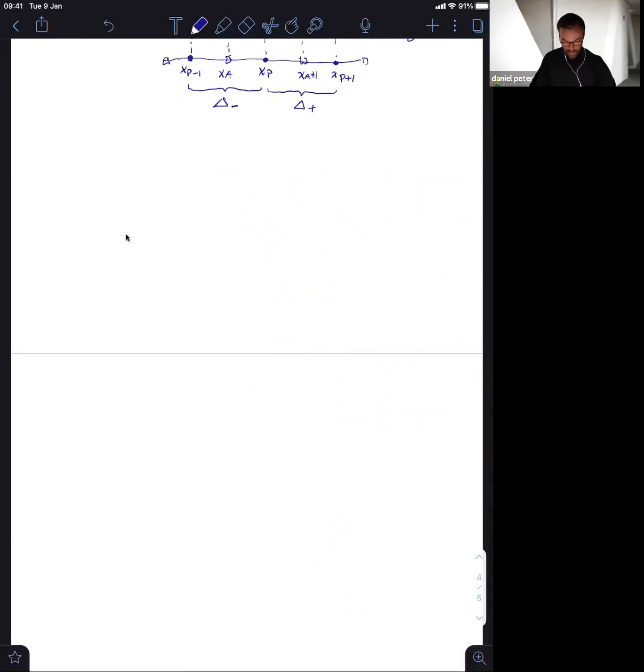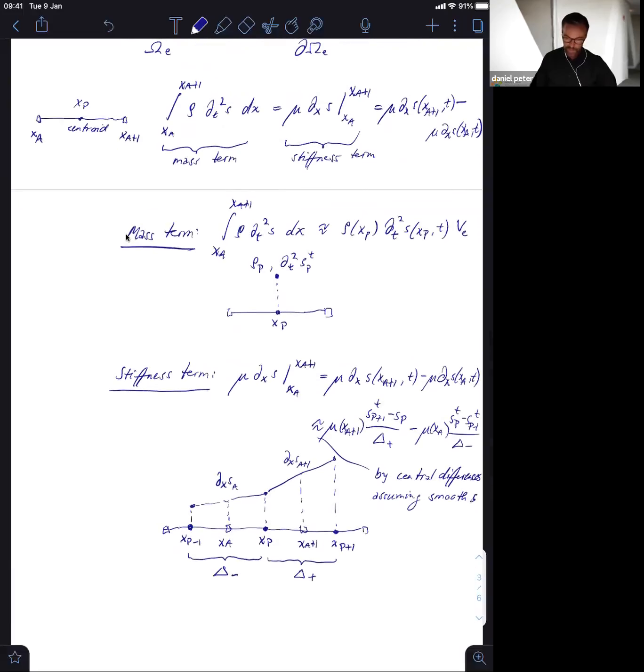So, quick question, what about material properties that we need to have? We had rho evaluated at xp from the mass term.